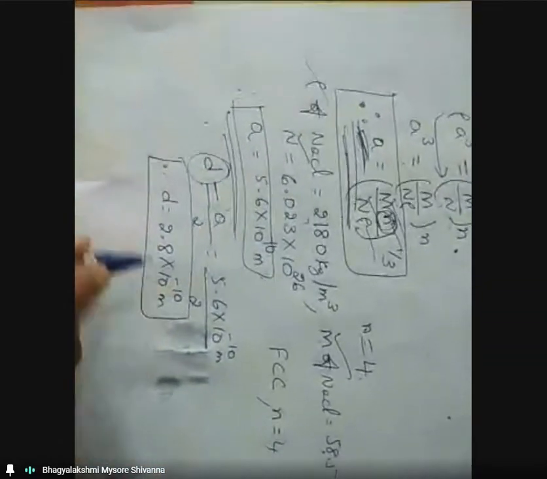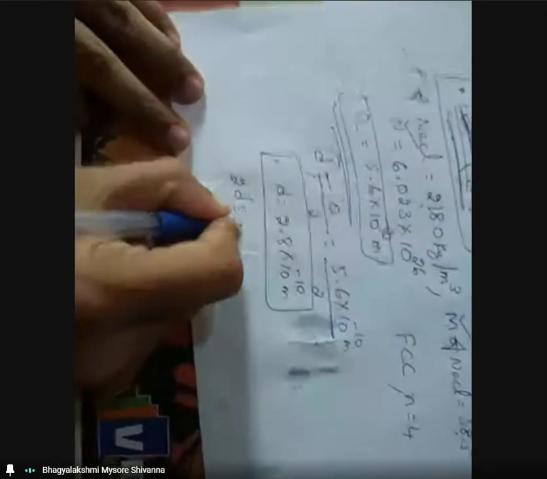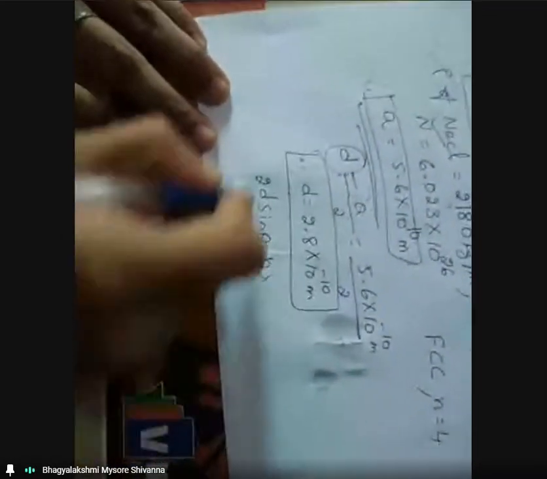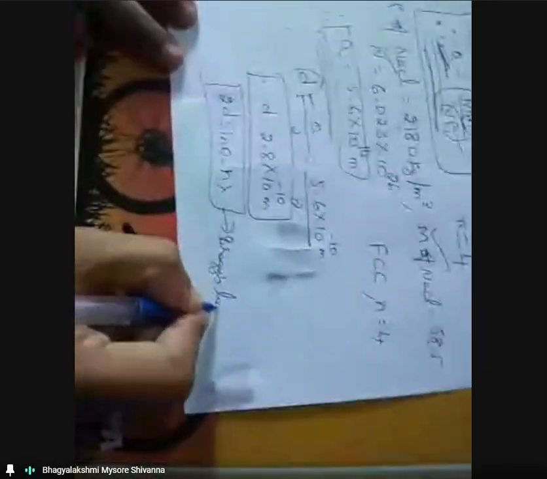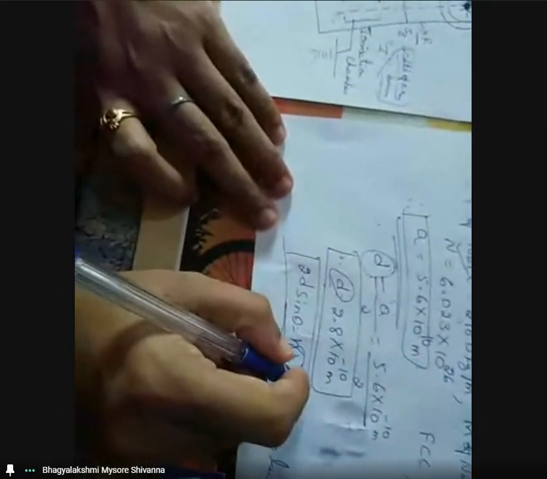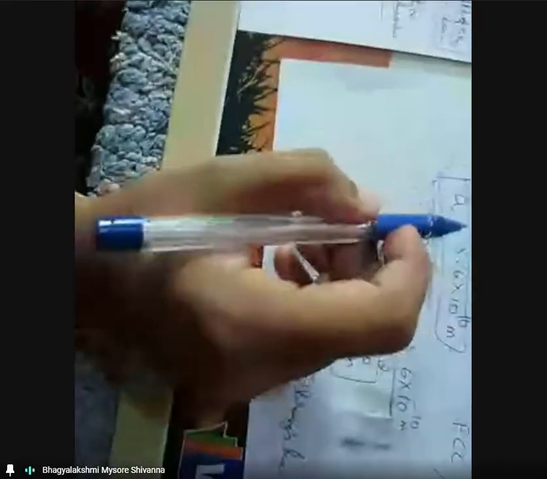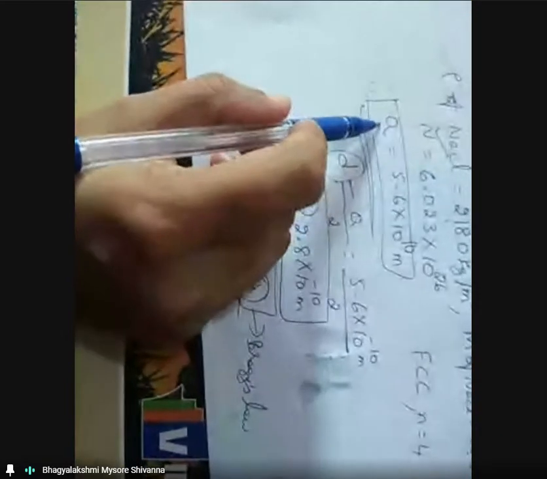If we know the value of d, then we can easily find the wavelength of the X-rays by using Bragg's law. So we find the interplanar distance by using the cell constant a. This is very important.